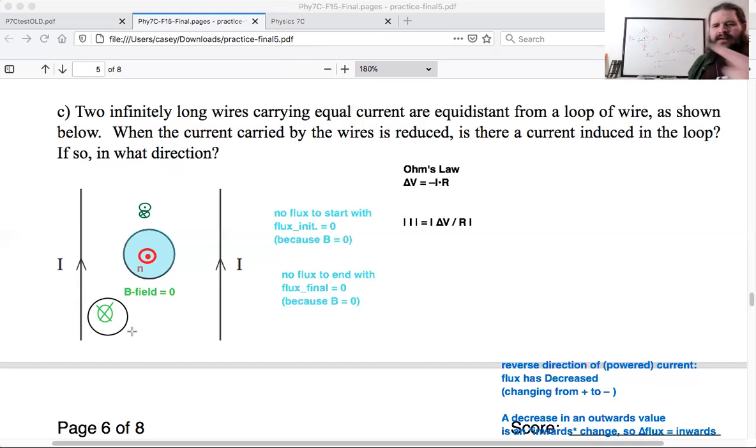So if we treat flux as inwards, but it's getting weaker and weaker, that's a change in which direction? The outwards direction. So the induced would be inwards also, and that would be clockwise? Yeah, exactly. So an outwards change reversed is an inwards induced effect. Point your thumb in the inwards direction, curl your fingers, and you should get a clockwise current. So that's going to flow clockwise there.